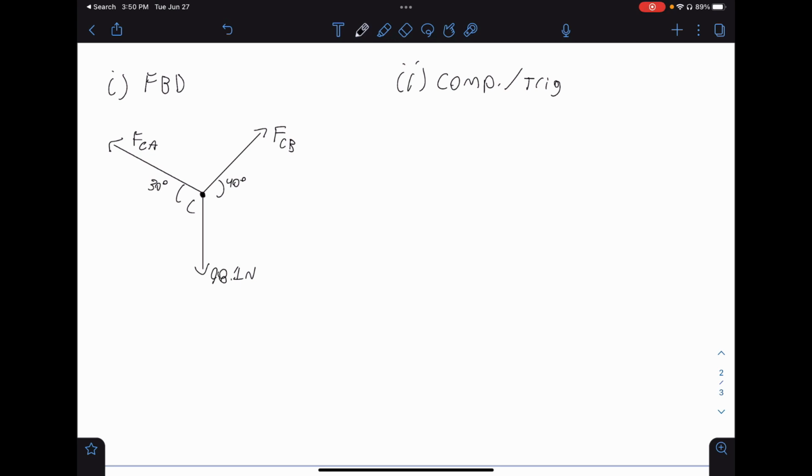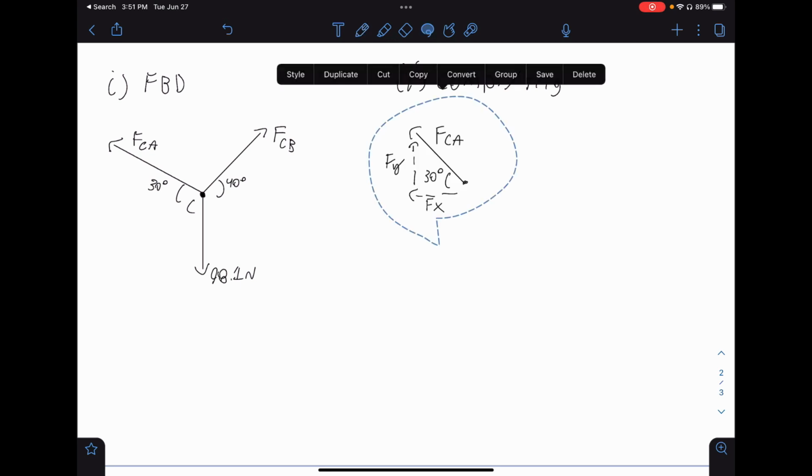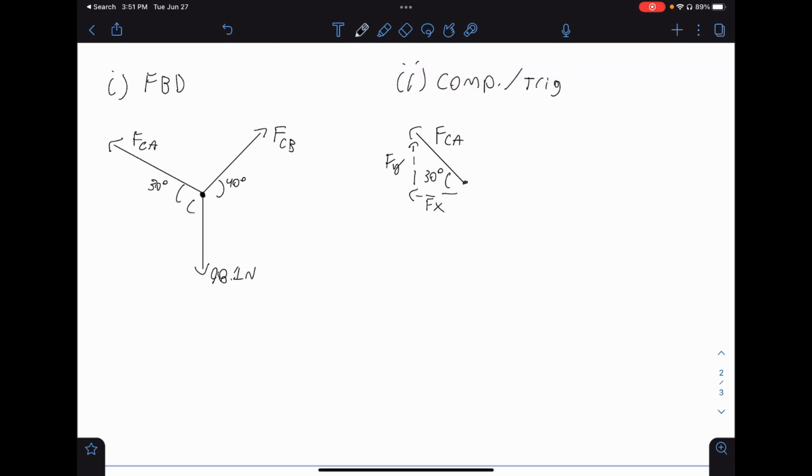As you can see on the left here, we have our free body diagram. I'm going to isolate FCA. So looking at FCA, we see that it has a y component and an x component, and it is at an angle of 30 degrees with the x-axis.